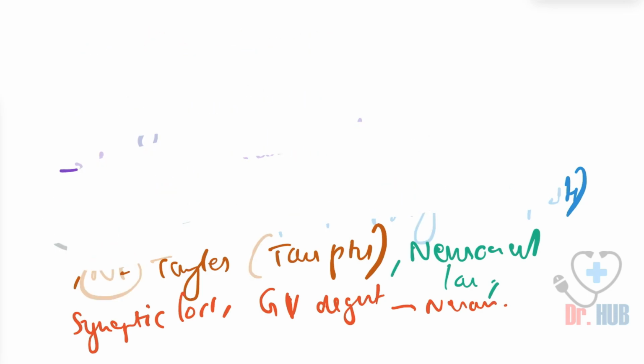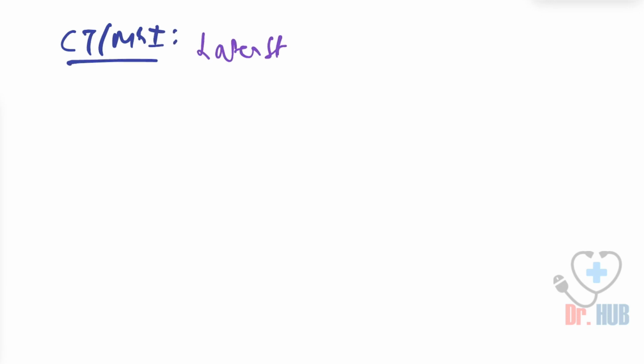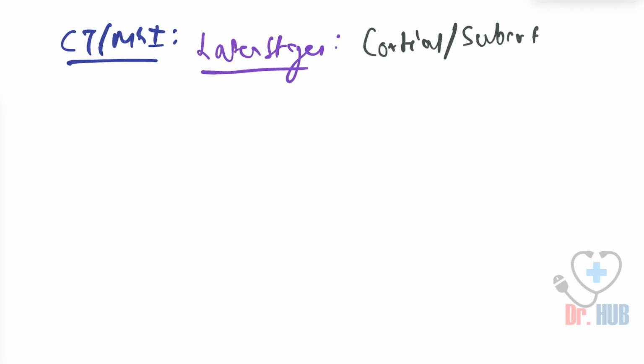Then we move on to what the CT and the MRI show. In the later stages, there is cortical and subcortical atrophy.